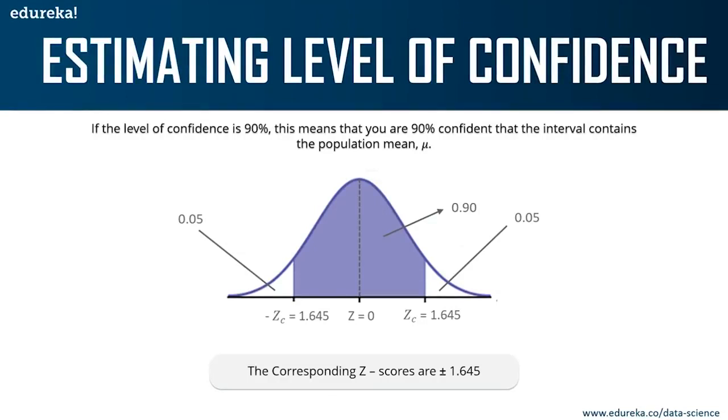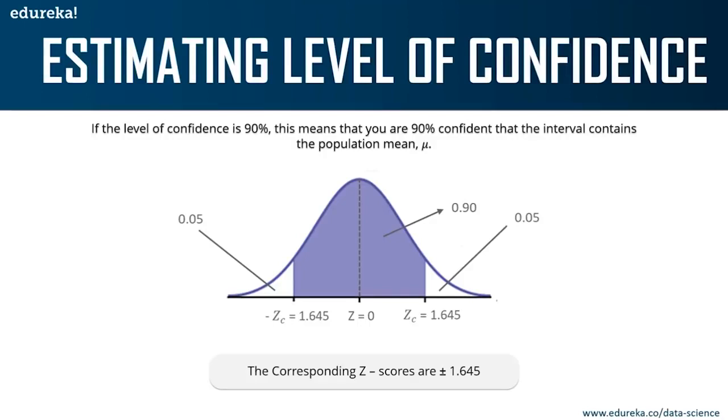So the remaining 10%, which is out of 100%, is equally distributed on these tail regions. So you have 0.05 here and 0.05 over here. Right? So on either side of C, you'll distribute the other leftover percentage. Now these z-scores are calculated from the table as I mentioned before. 1.645 is calculated from the standard normal table. So guys, this is how you estimate the level of confidence.